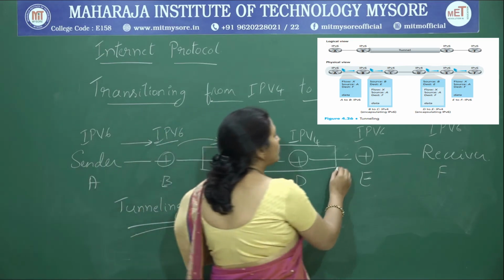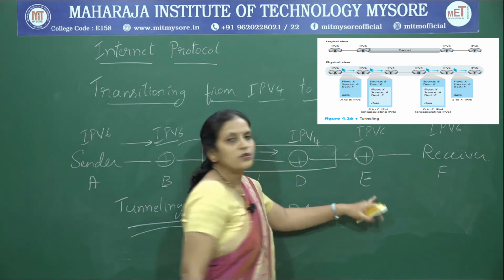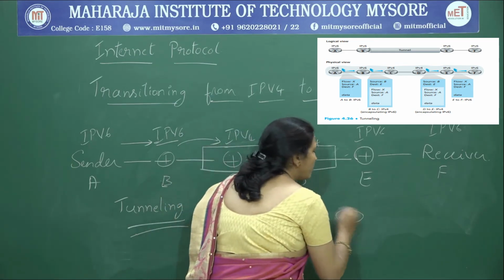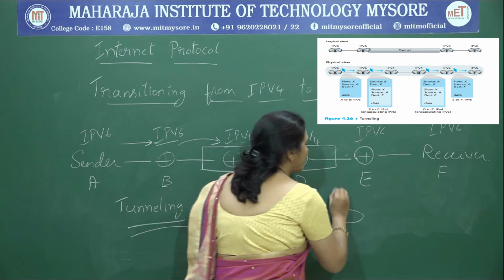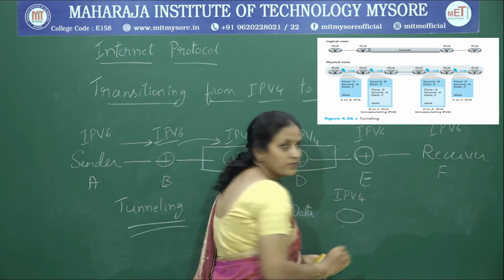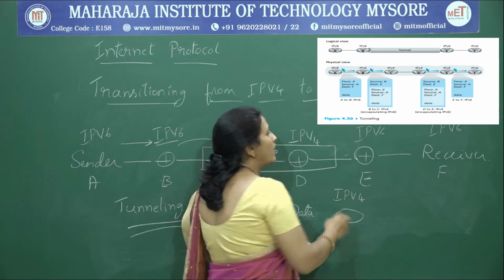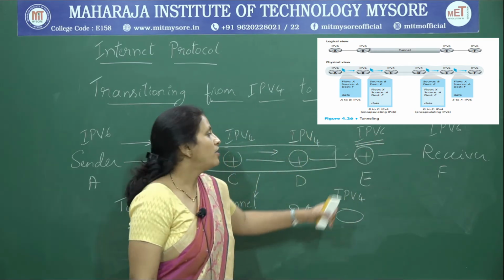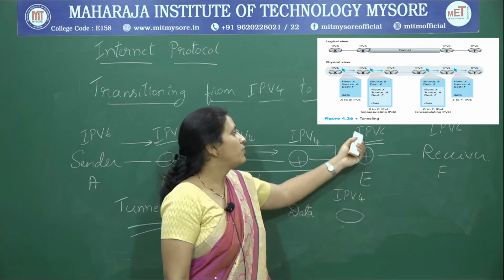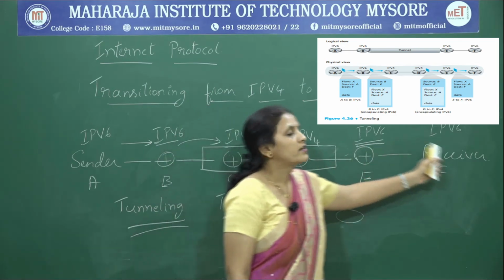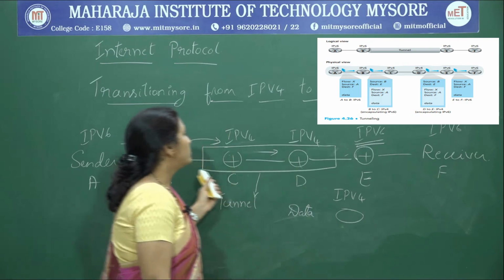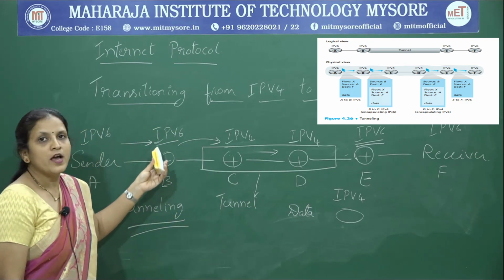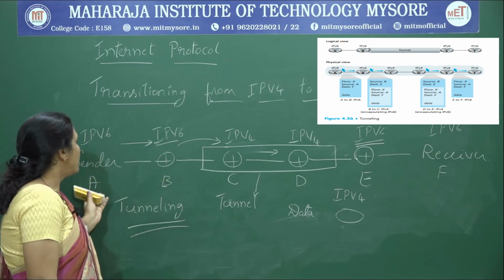When it comes to know that the next node is IPv6 compatible, the data field of the IPv4 datagram is extracted and sent as an IPv6 datagram to node E, which is IPv6 compatible, and it is transmitted further.